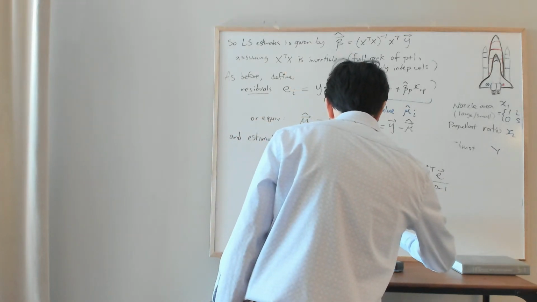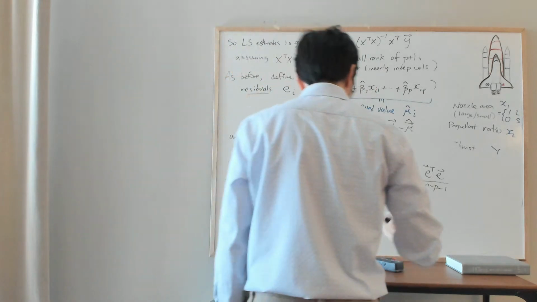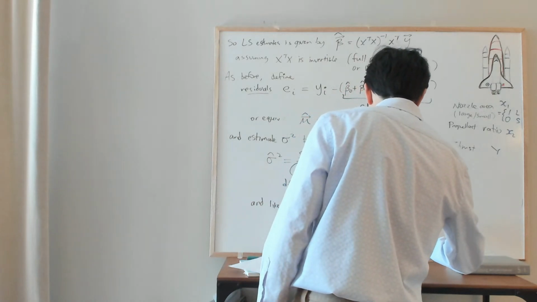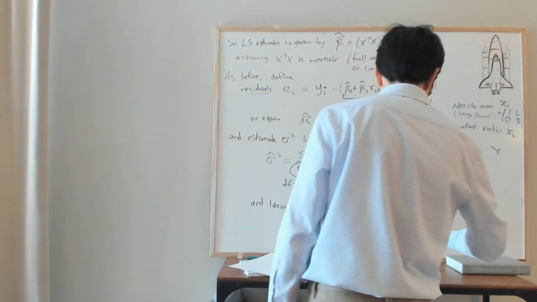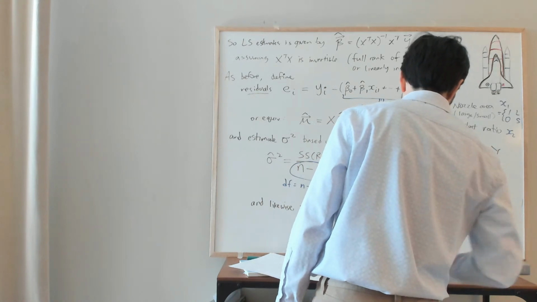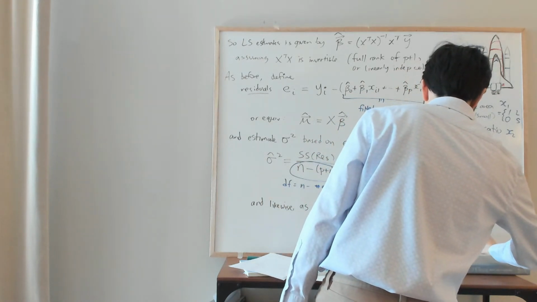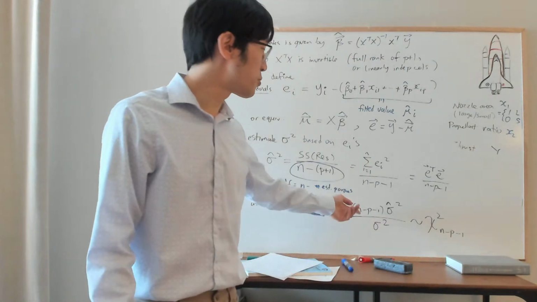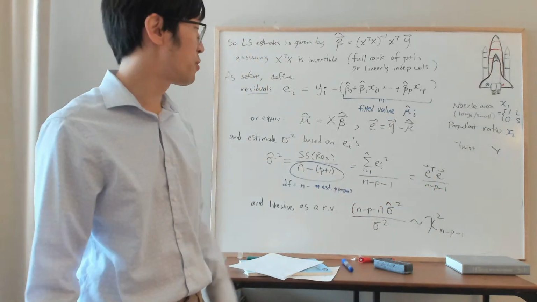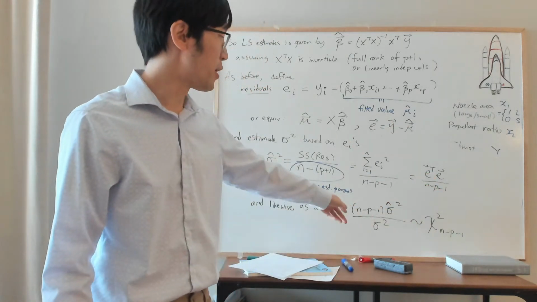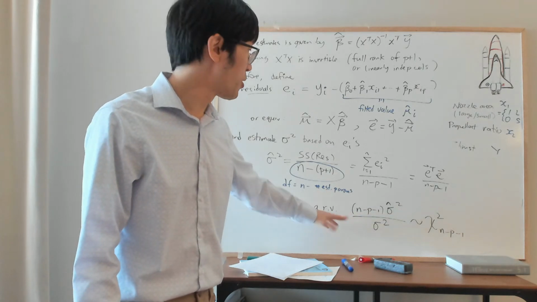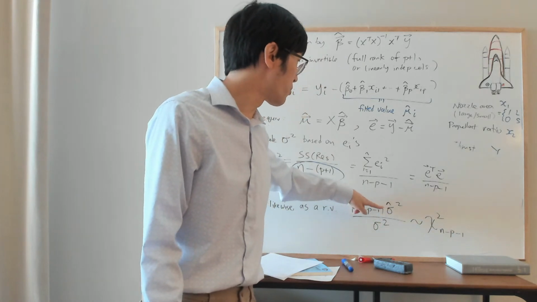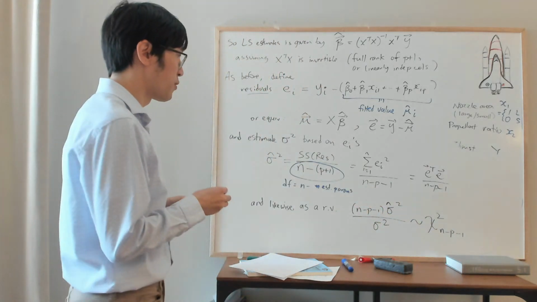So n minus p minus 1 times sigma hat squared as a random variable, divided by the true unknown value of sigma squared, is chi-squared with n minus p minus 1 degrees of freedom. It's the corresponding result. When you have one predictor, that's simple linear regression, so you plug in p equals 1, and that's the result we stated for that case. So this is the chi-square related to sigma squared hat viewed as a random variable.